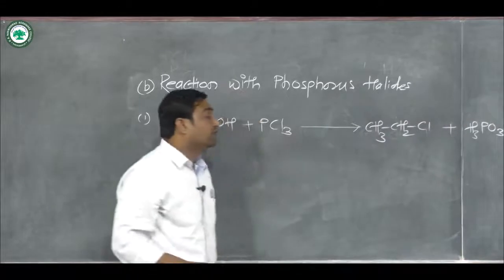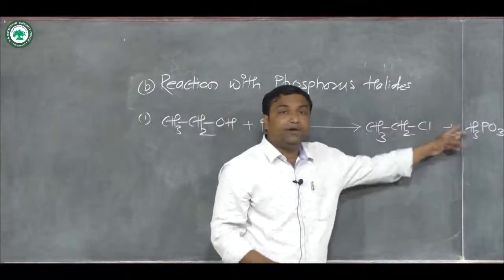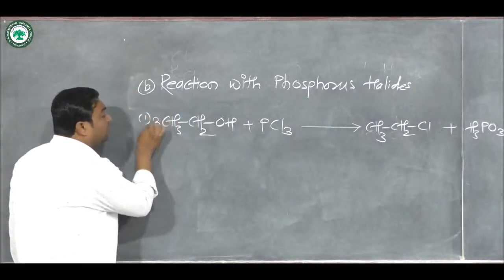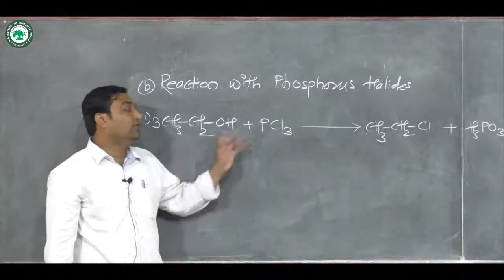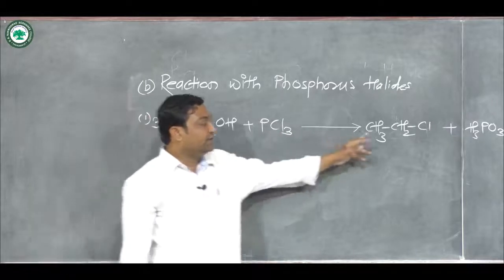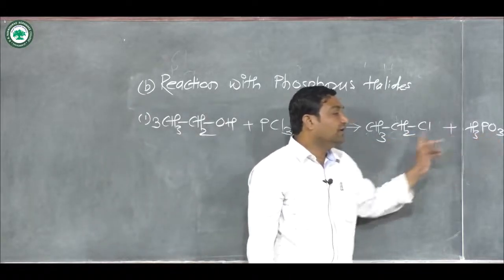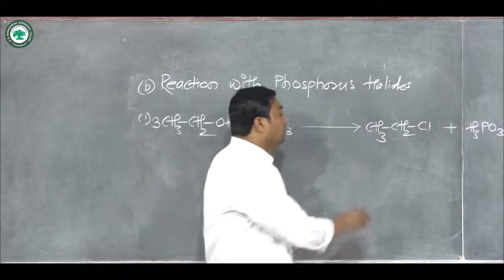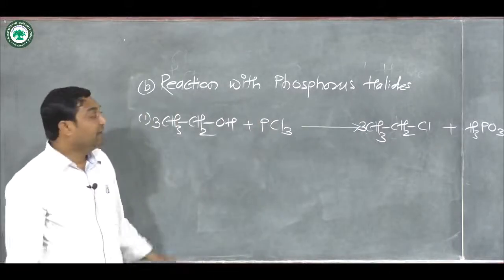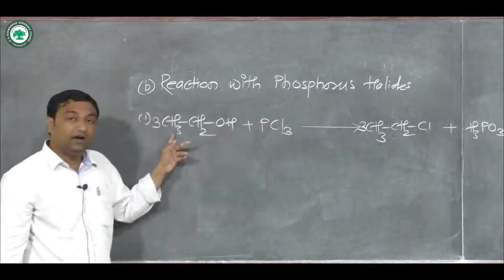For that purpose, we have to check the stoichiometry of this reaction. We have to take 3 molecules of ethyl alcohol and 1 molecule of PCl3, which gives CH3CH2Cl with the liberation of H3PO3. In this case, ethyl chloride will also be formed in 3 moles. This is the reaction of phosphorus trichloride with alcohol.